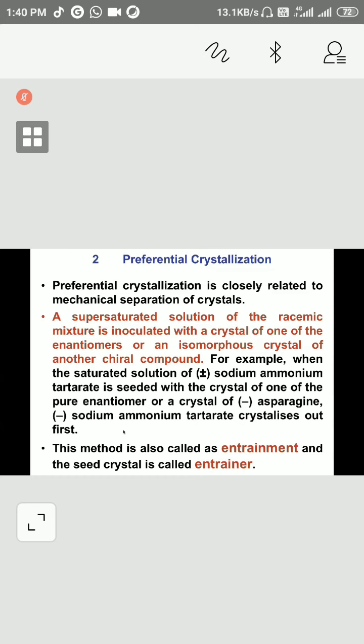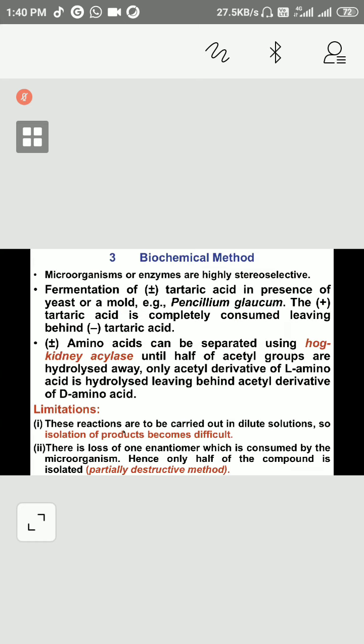So here a kind of seed is added within the solution. If you add minus, you will get minus enantiomer; if you add plus, you will get plus. This seed crystal is called the entrainer, and this method is called entrainment.